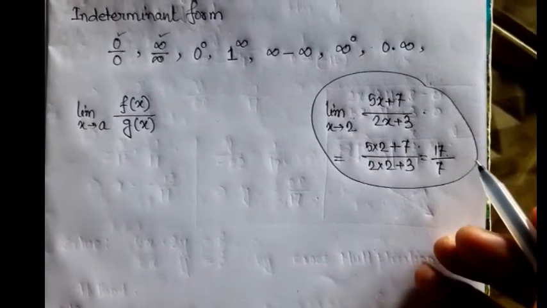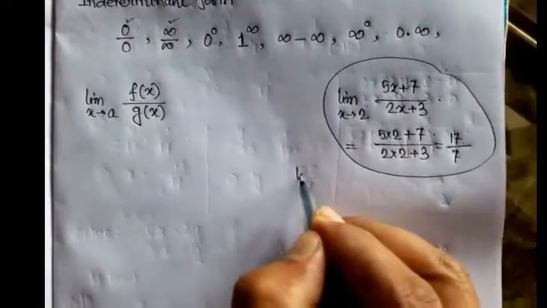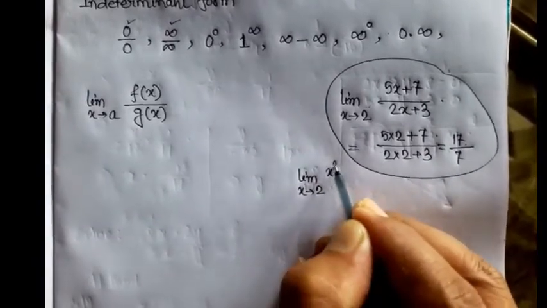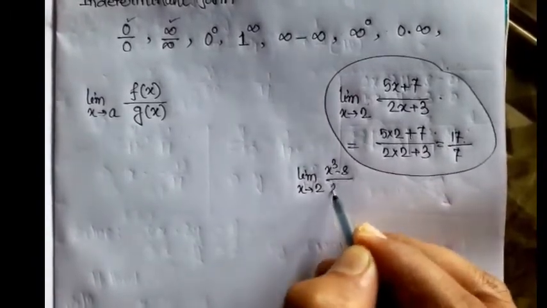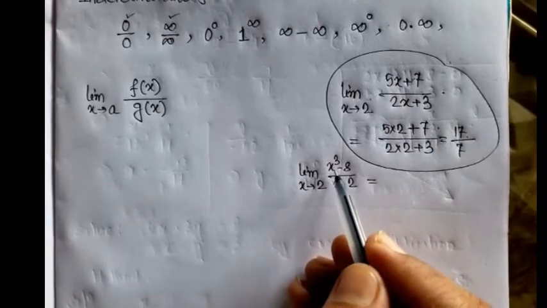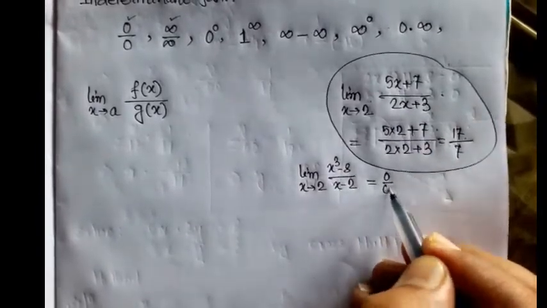But if you face such a problem, suppose I give you another example, limit x tends to 2, (x cube minus 8) by (x minus 2). Here if you try to put x equals 2 in the numerator and denominator, you will get 0 by 0.